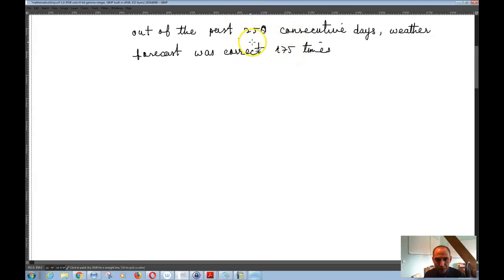The probability that on a given day it was correct, if I want to write it a little bit neat and clean, I would write it as P of the forecast was correct on a given day.